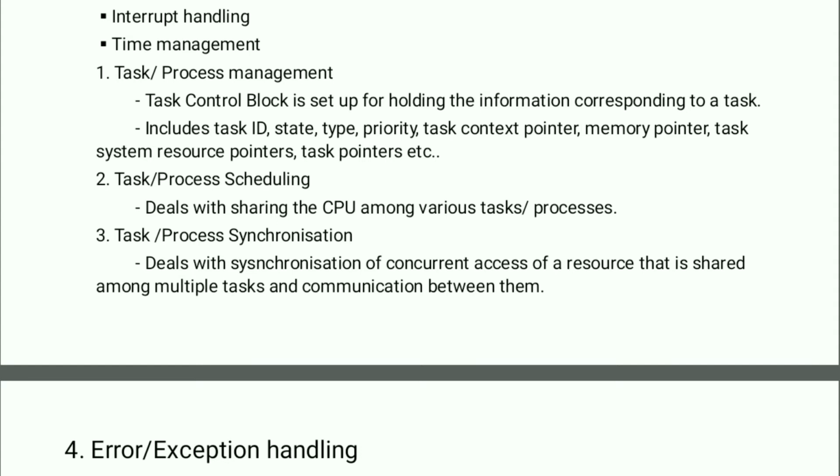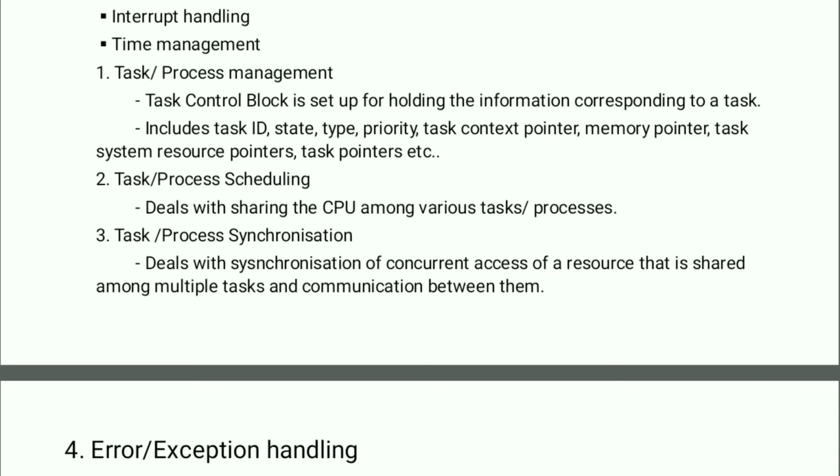And there are pointers to other TCBs also. There will be many different task control blocks, and each one of them will be interacting with other TCBs, and for that we maintain the task pointers. There are other relevant task parameters also. All of these are included in the TCB. So the TCB holds certain information regarding the task, which includes the task ID, task state, and the task type, which indicates the type of the task.